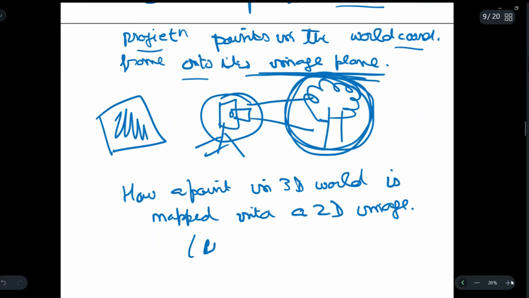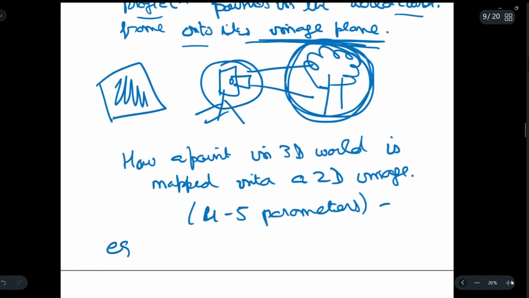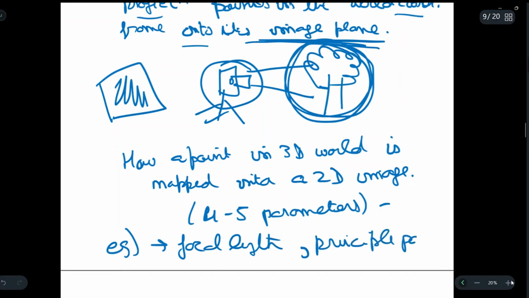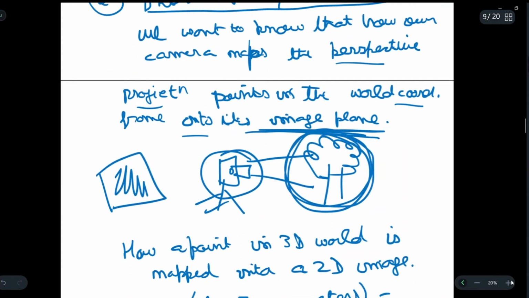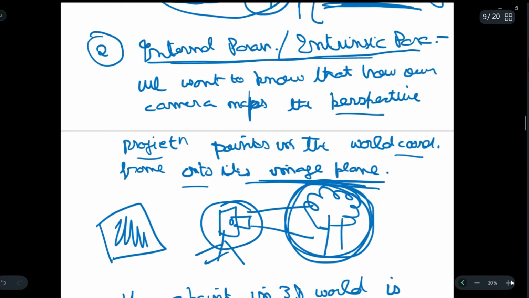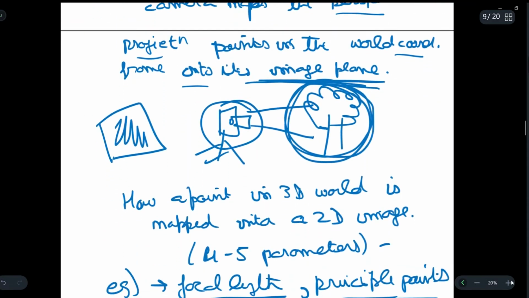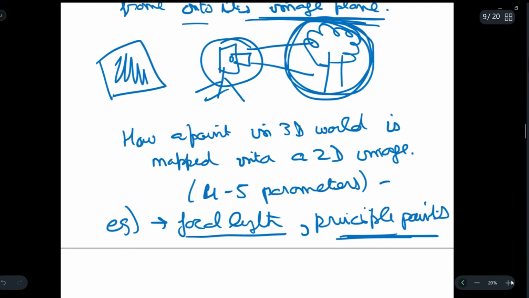A few examples of them are the focal length and the principal points. These are two of the 4 to 5 parameters that we can use in order to find the intrinsic or internal parameters. So now let us discuss how we can find the external and the internal parameters of a camera.